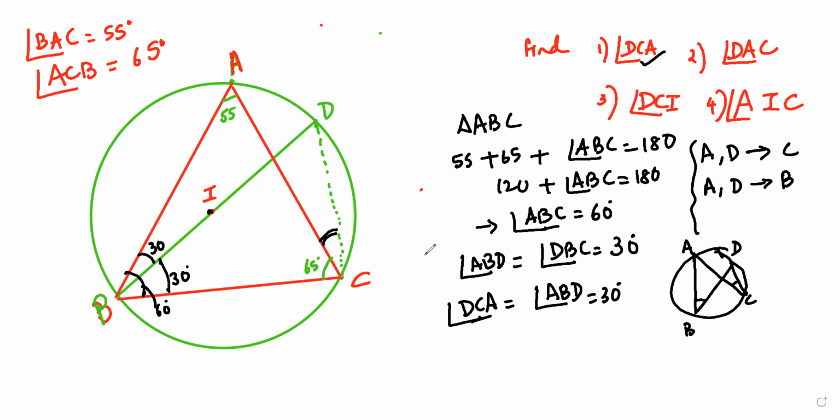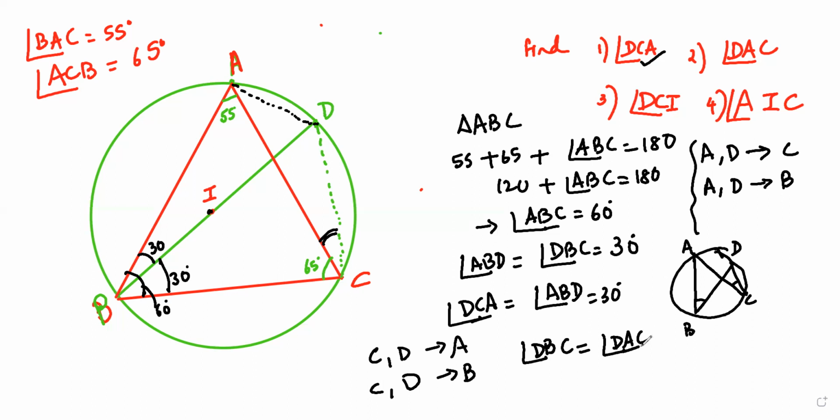Angle DAC. So what I can do is I can join A to D. Again, if you look carefully, points C and D, you're joining them to A. And the same points C and D, you're joining them to B, which means angle DBC will be equal to angle DAC.